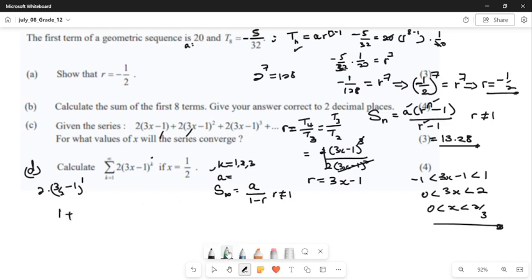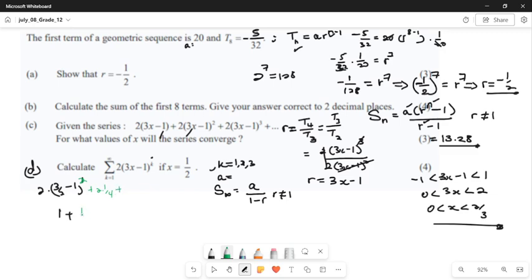And now for a second term, k is equals to 2. The solution within the bracket is still the same. It's a positive half raised to the power 2 is going to be 1 divided by 4. We'll have 1 divided by 4 multiplied by 2.